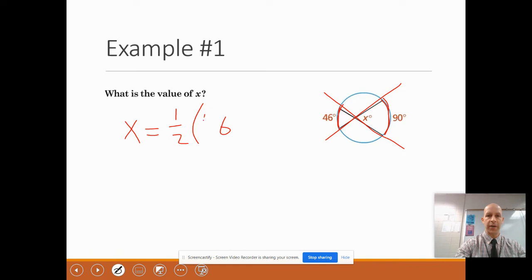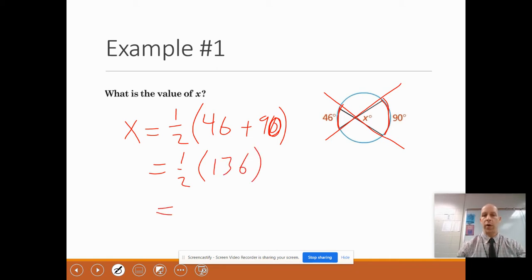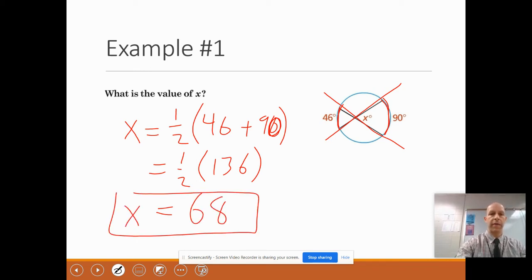Because this arc over here is 46 plus 90, it kind of looks like a 6-2, that's a 90. So let's add those together. That's going to give us 1/2 of 136, and 1/2 of 136, just to be extra careful here, is 68. So the value of x is 68.